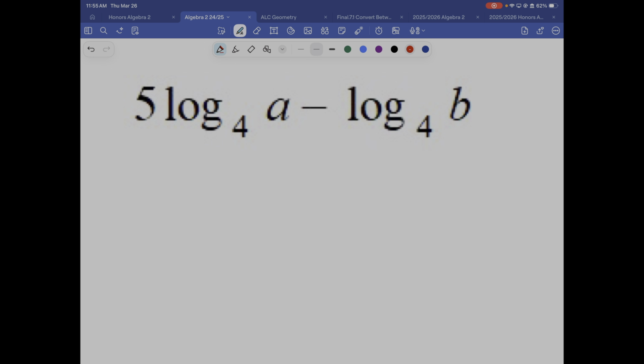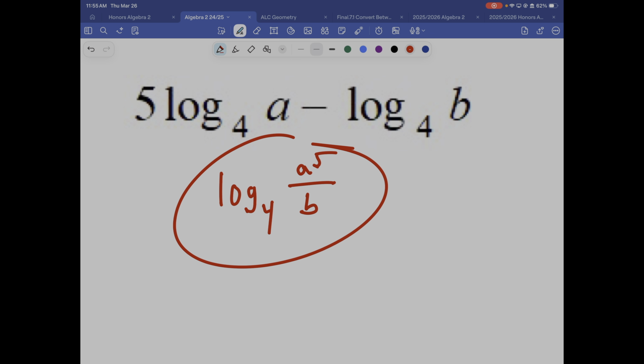But at this point, I've got a minus. That means I need to divide. I've got a 5 out front, so it's got to be a to the 5th. I've got nothing out in front of the log base 4 of b, so it's just b. So what's my answer? Log base 4 of a to the 5th divided by b.